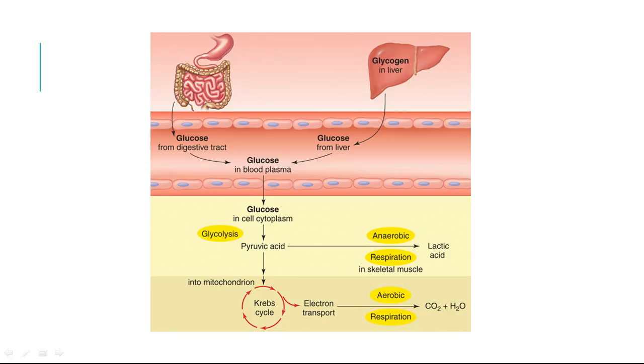What else is released following glycolysis? 2 NADH, and NAD can't pick up 2 full hydrogen ions, it picks up part of them. So what else is liberated? A couple of hydrogen ions, or you could say protons.